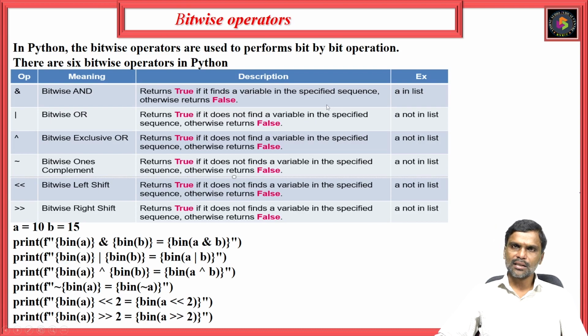A is not in list. It gives false because A is present in the list. A is in list, it is true. Returns true if it does not find the variable in the specified sequence, otherwise returns false.